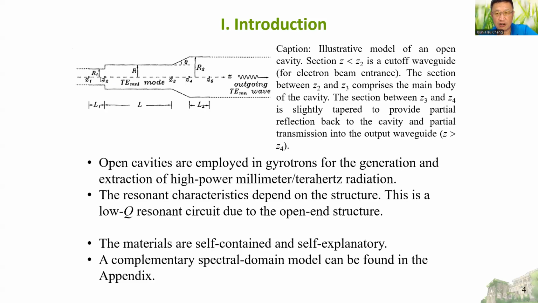The electron beam can enter, the electron beam entrance. And the section between Z2 and Z3 is a uniform section, the main body of the cavity. The section from Z3 to Z4 is slightly tapered to provide partial reflection. So the wave will be partially reflected back to the cavity and partially transmitted to the output section, such as greater than Z4.